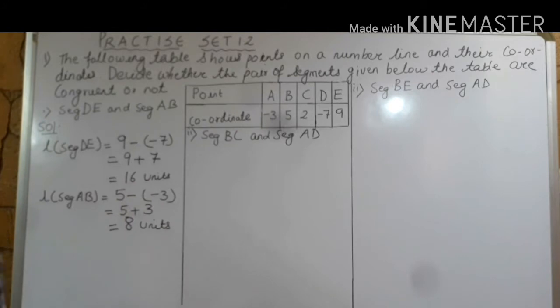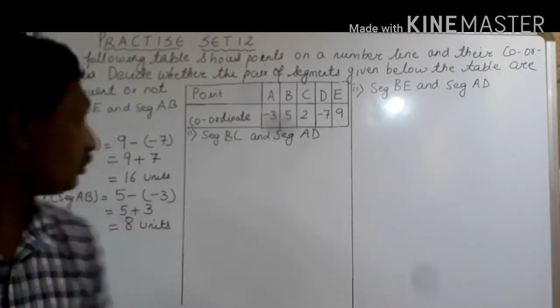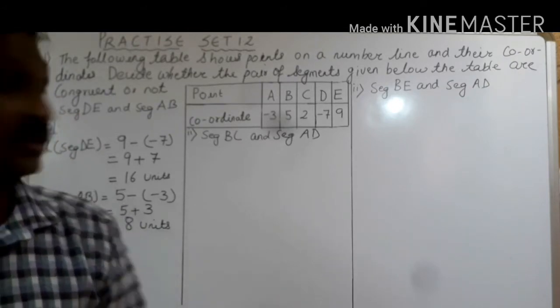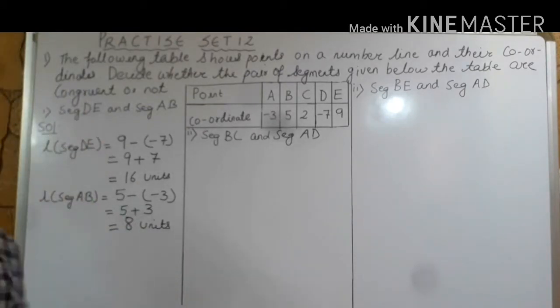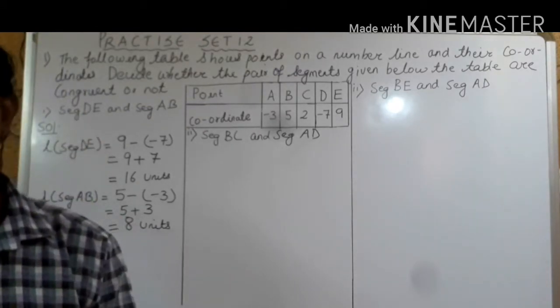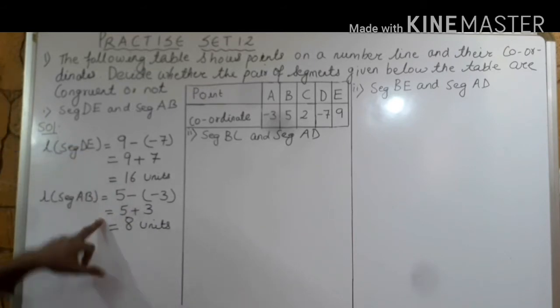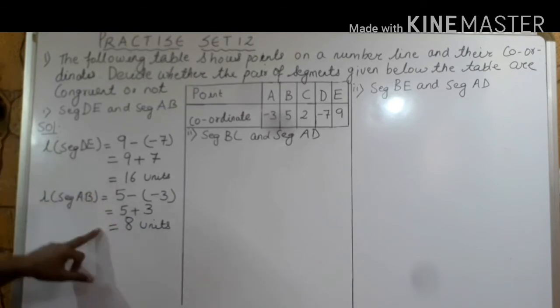Now we have got, in the first one, length of segment DE is equal to 16 units and length of segment AB is equal to 8 units. Looking at both of them, do you find whether both are congruent or not? If they are equal, then we say that they are congruent. Now are they equal?